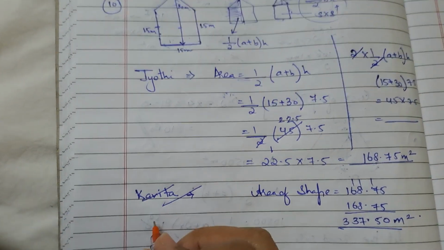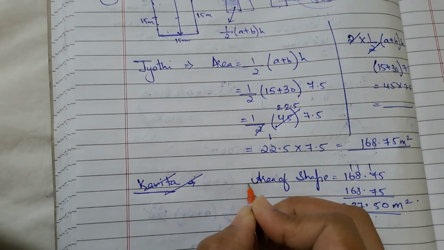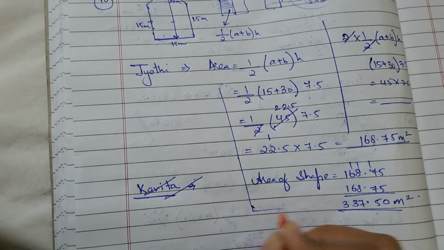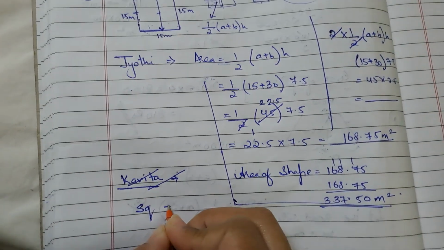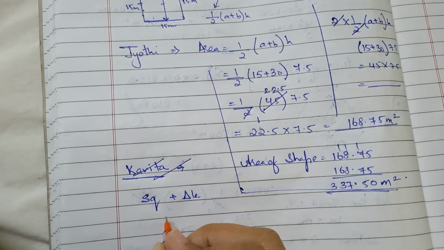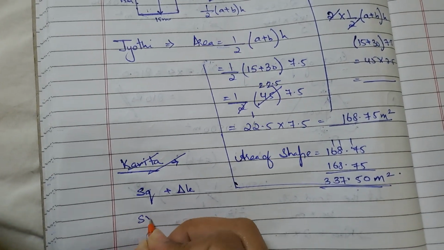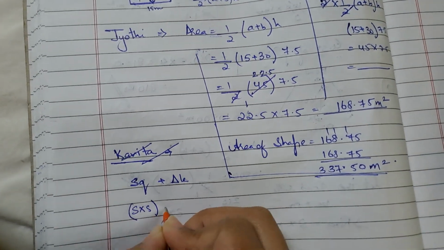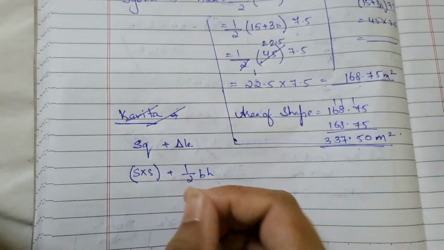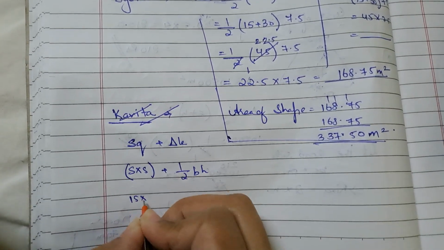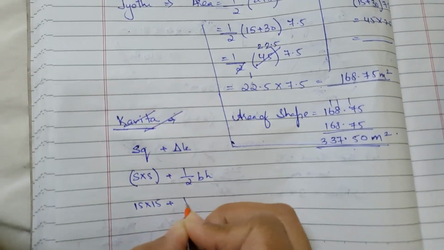So now let's see Kavita's. We'll take it from here itself. Okay, Kavita's is square plus triangle area she wants to do. Square is side into side, plus half base times height. So the side is 15 times 15 plus half.